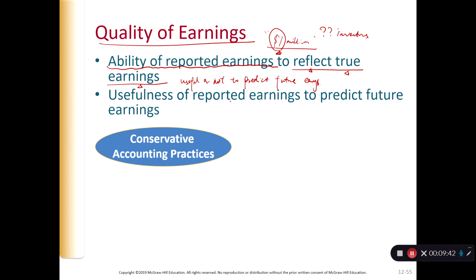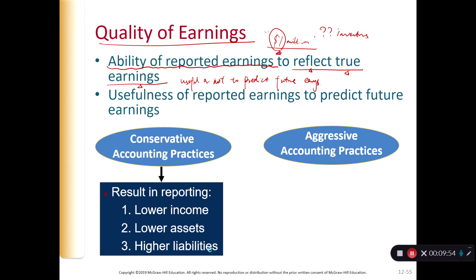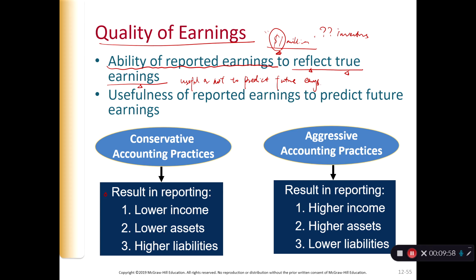So regarding the usefulness of reported earning to predict future earnings, conservative accounting practice will result in lower income and lower assets and higher liabilities. Therefore, to judge whether it's useful, we look at two dimensions: are you being conservative or are you being aggressive, right? Conservative accounting practice will usually report $1 million representing lower income, lower assets or higher liabilities.